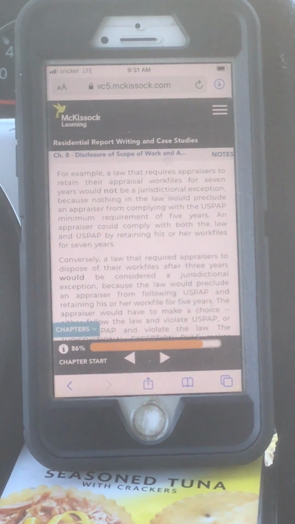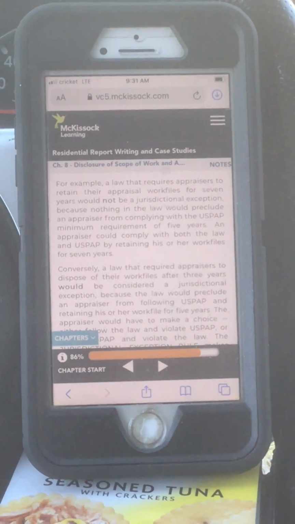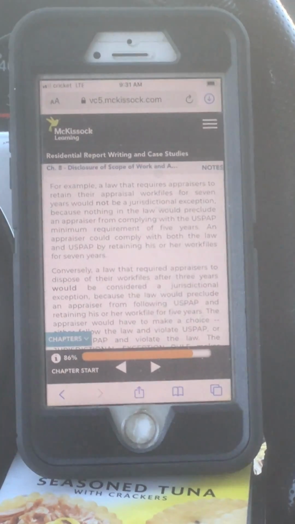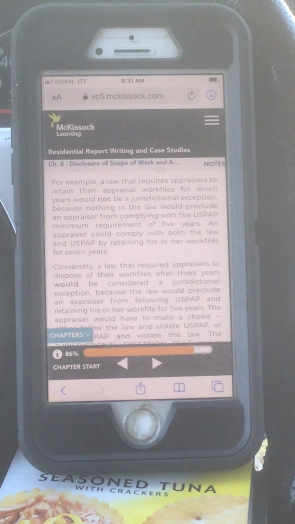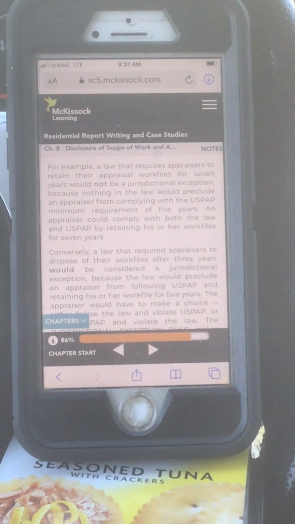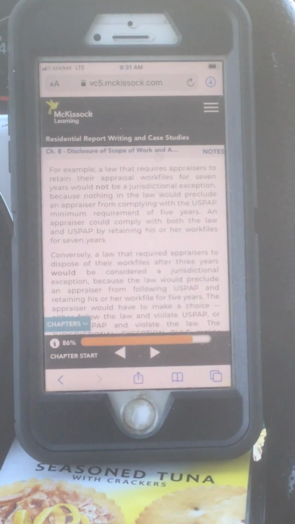Conversely, a law that required appraisers to dispose of their work files after 3 years would be considered a jurisdictional exemption because the law would preclude an appraiser from following USPAP and retaining his or her work file for 5 years.